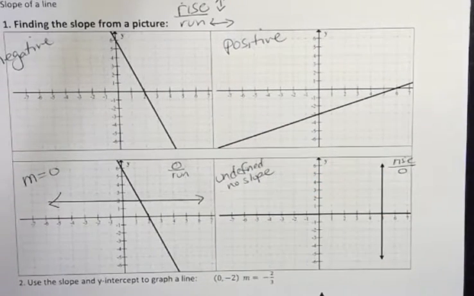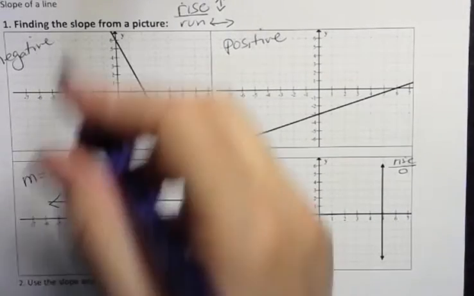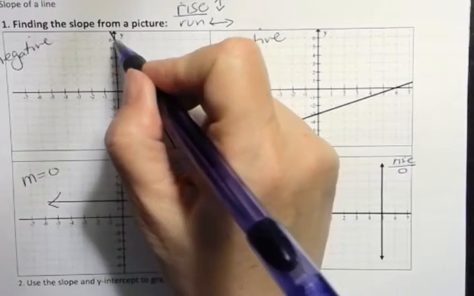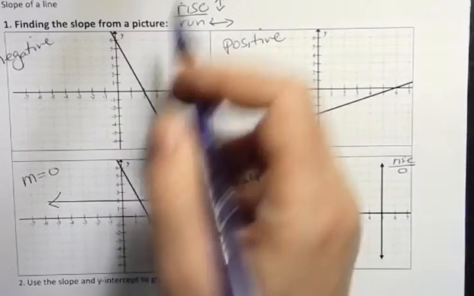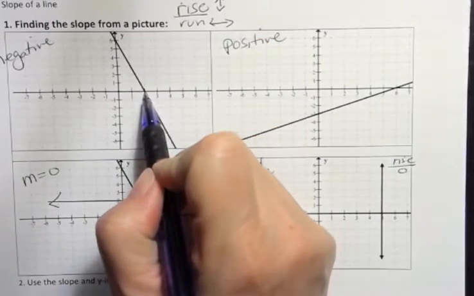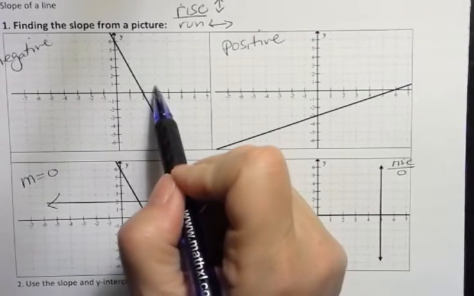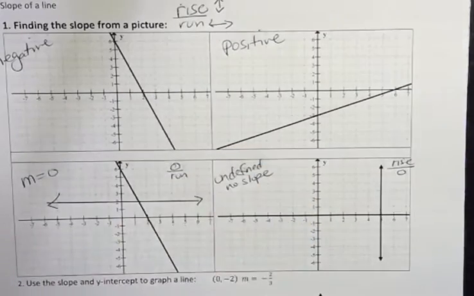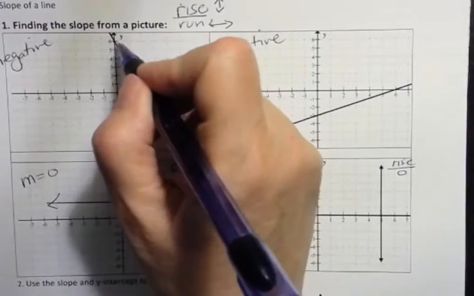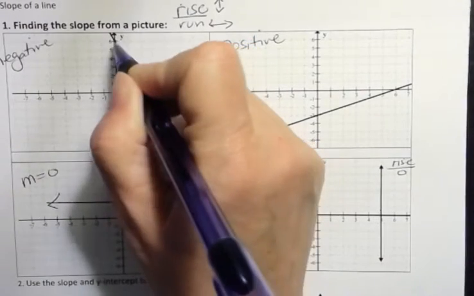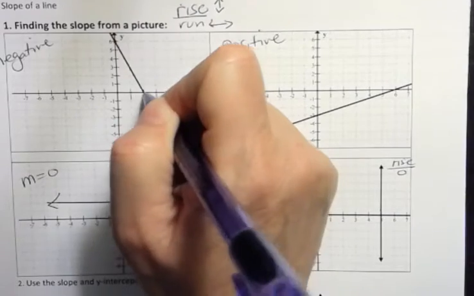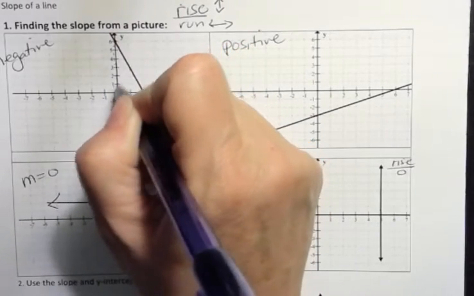So those are the 4 kinds of slopes that can happen, but we can actually figure out what the slope is from a picture. What I want to do is know from one point to the next, and I'm picking points that are exactly on a corner, where the grid meets, because I want to know exactly what happens from one to the other. To get from this point down to this point, I go down 6.